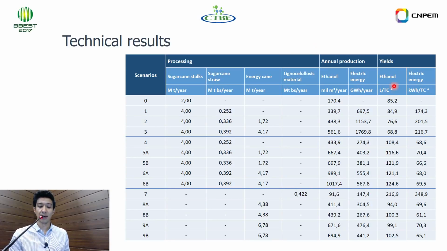The important thing is that the ethanol yields increase over time for first generation scenarios, integrated scenarios, and also the standalone scenarios. And electricity output varies a lot depending on the technology, but stays around 70 kilowatt-hour per ton of sugarcane.